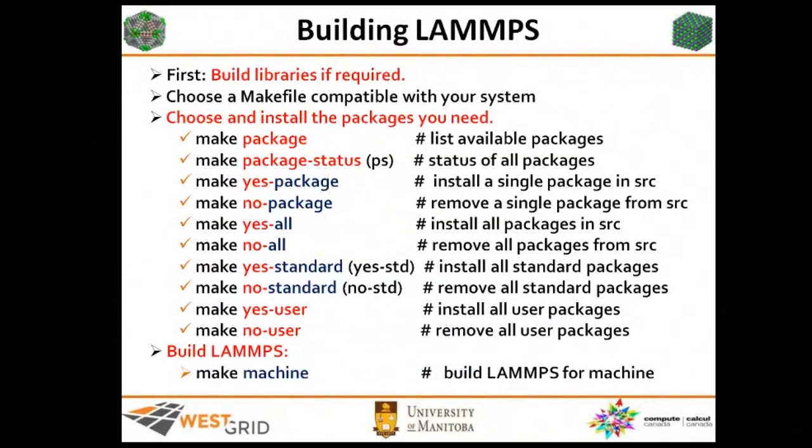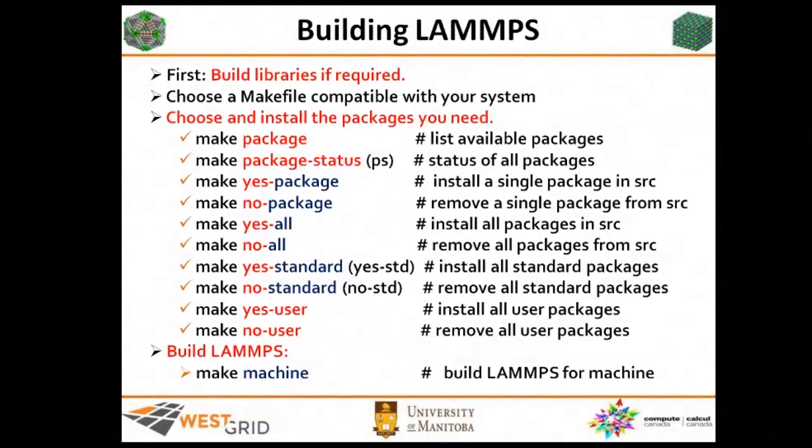To see the packages that are included, you can use make package-status. If I want to add a package with a given name, just type make yes-name of the package. If I want to remove it, make no-name of the package, and so on.